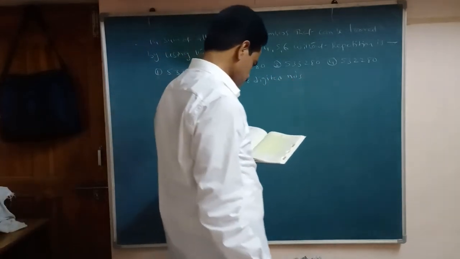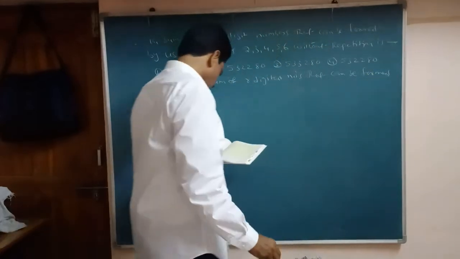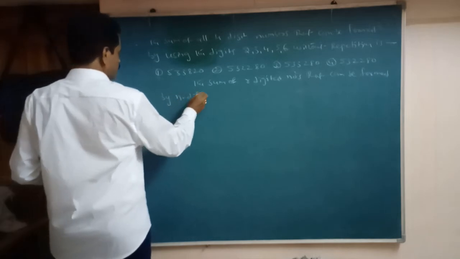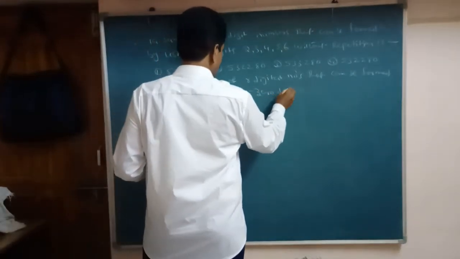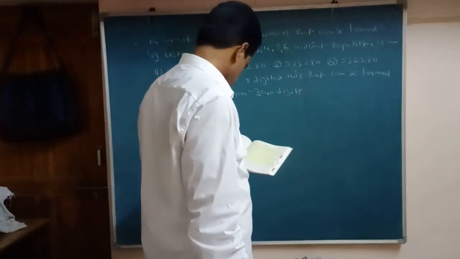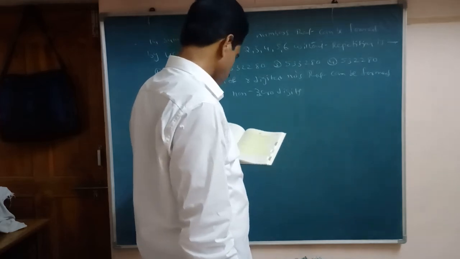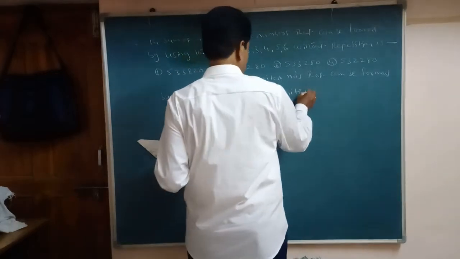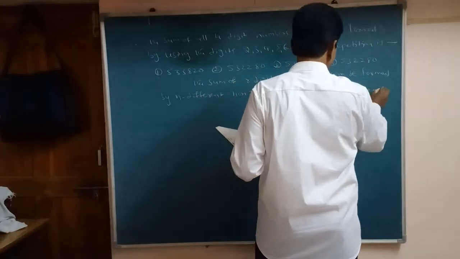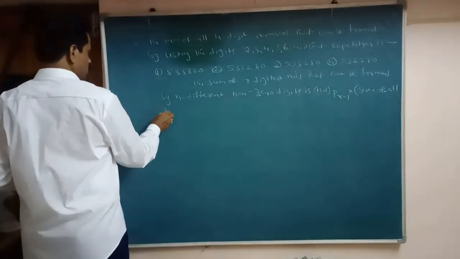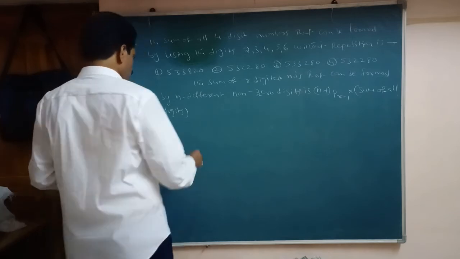The sum of all numbers that can be formed by n different non-zero digits is (n minus 1) P (r minus 1) into the sum of all given digits into 1 1 1 and so on, r times.